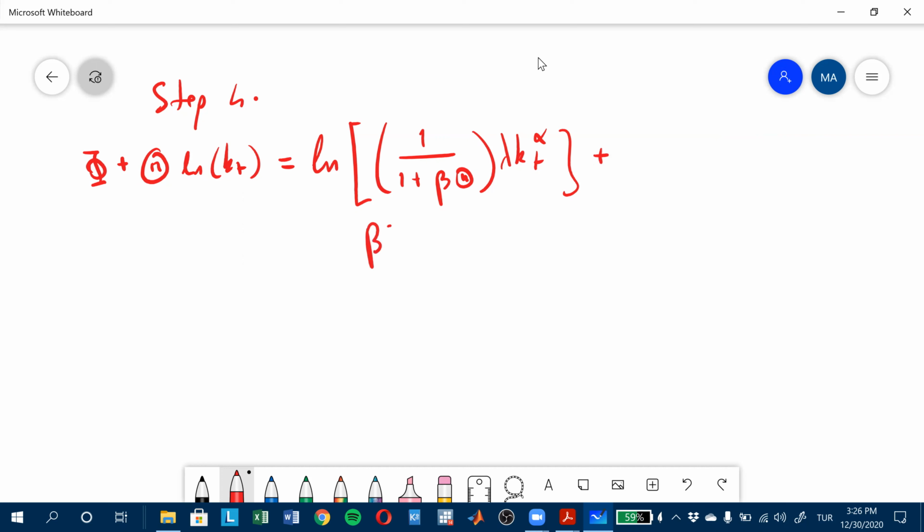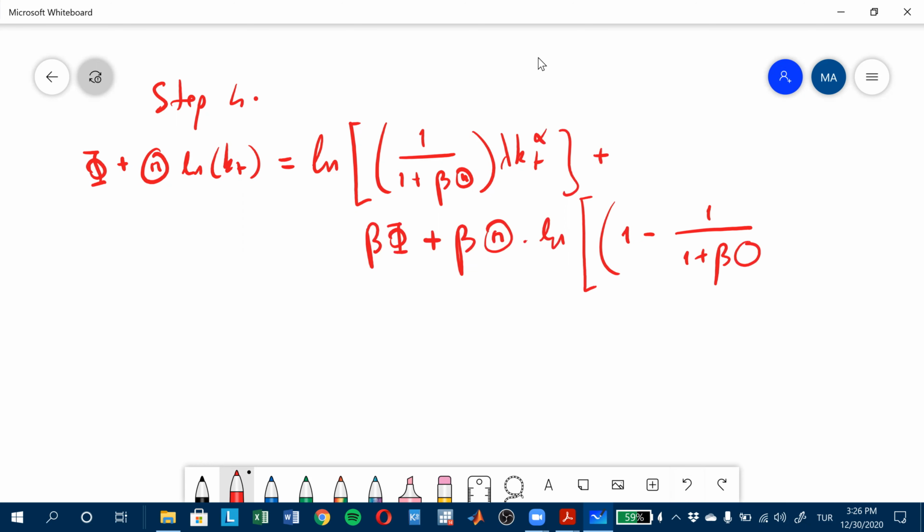Plus I have beta phi plus beta theta, if you carefully write it, ln K_{t+1}. So K_{t+1} will be 1 minus the marginal propensity to consume, so it will be 1 minus 1 over 1 plus beta theta, times lambda K_t^alpha.